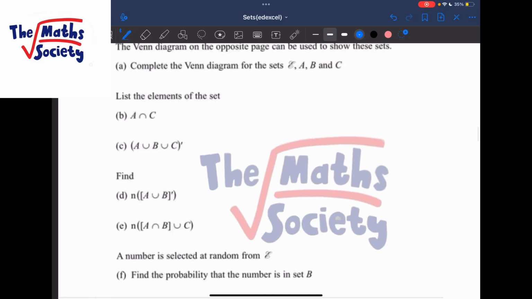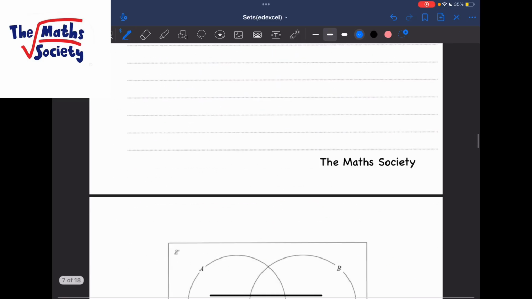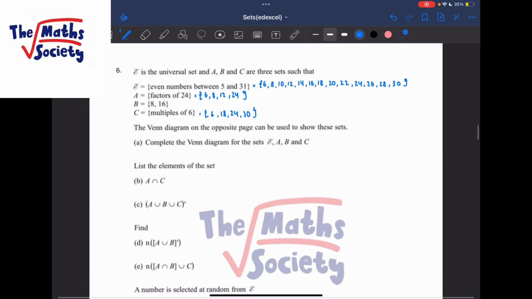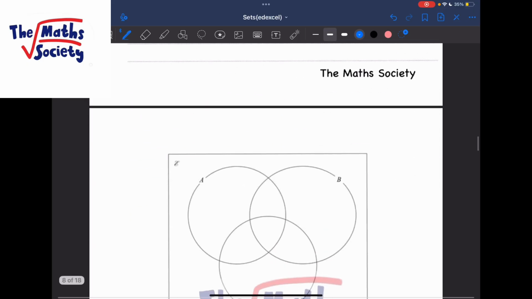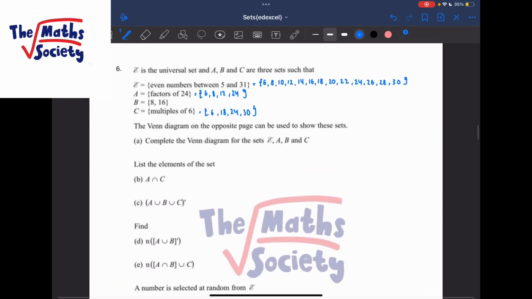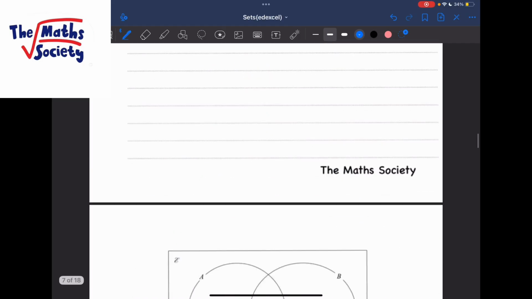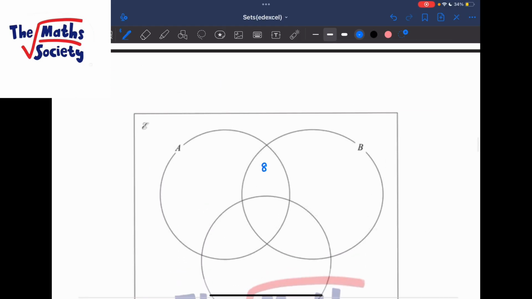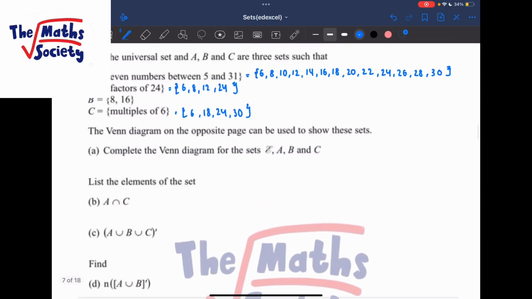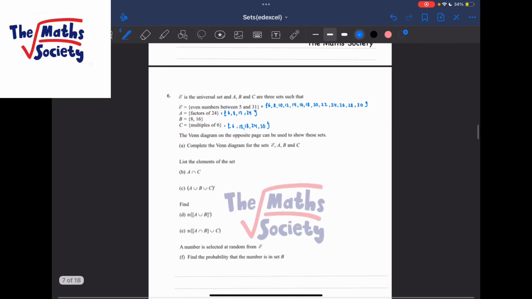That's what you get. And then you can just write the universal set A, B, C. All of them don't have the same thing. A and B probably have the 8 as the factor, same intersecting. And then A and C has, oh wait, I forgot 12 here. So it's going to be 6, 12, 24.